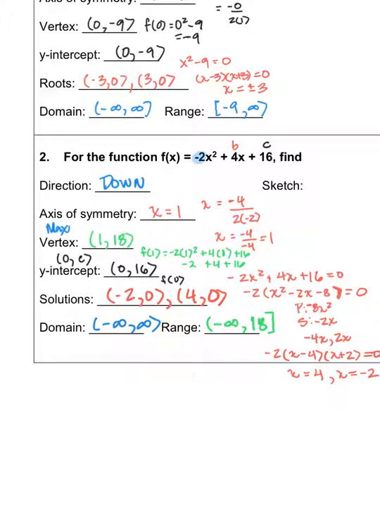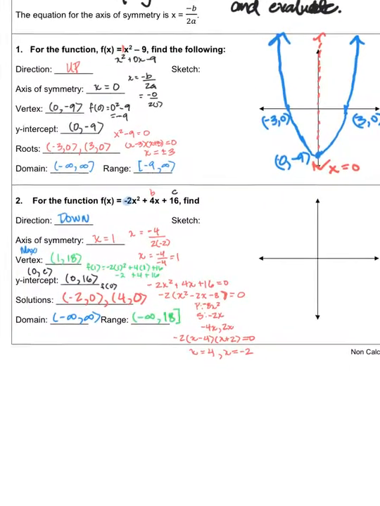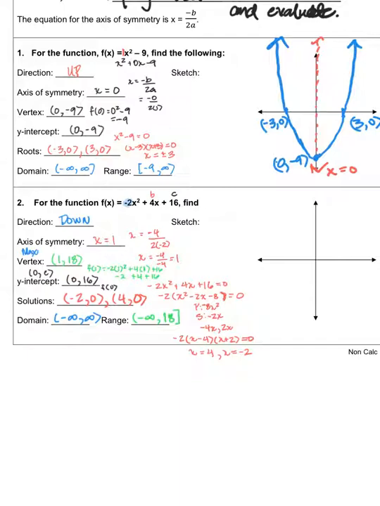Okay, so let's sketch what we know. So let's sketch our axis of symmetry, x equals 1. Okay, we know the vertex is on that axis of symmetry, and so I'm going to say that the vertex is up here, so that would be the point 1, 18.